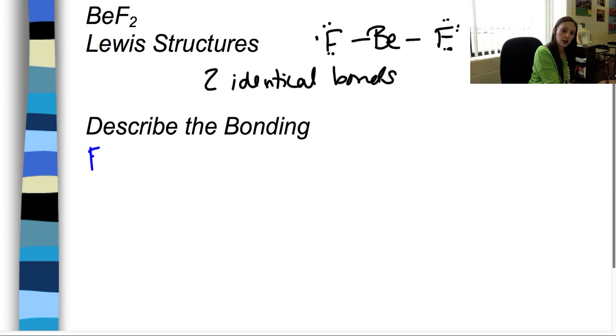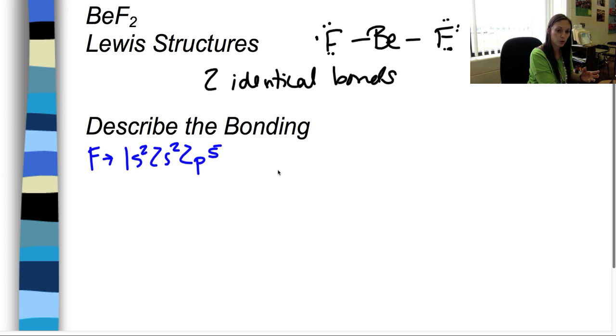If we look at the electron notation or orbital diagrams for F, we have 1s2, 2s2, 2p5. We're mostly dealing with the p's here because those are the valence electrons on the outer part that are going to overlap with the beryllium.